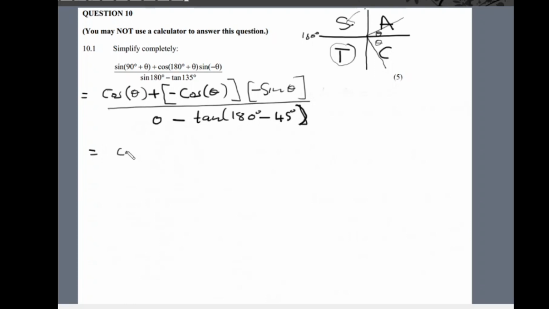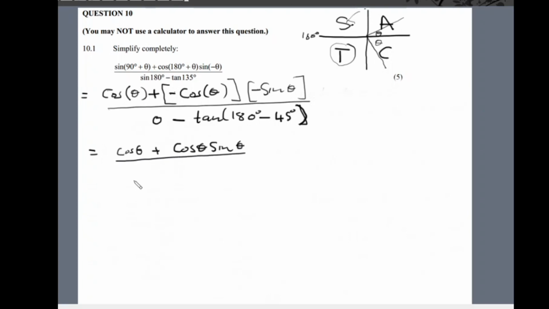Okay, let us simplify. In the numerator we still have cos theta, and then minus times minus will give us a plus, so we'll have cos theta times sin theta, right?